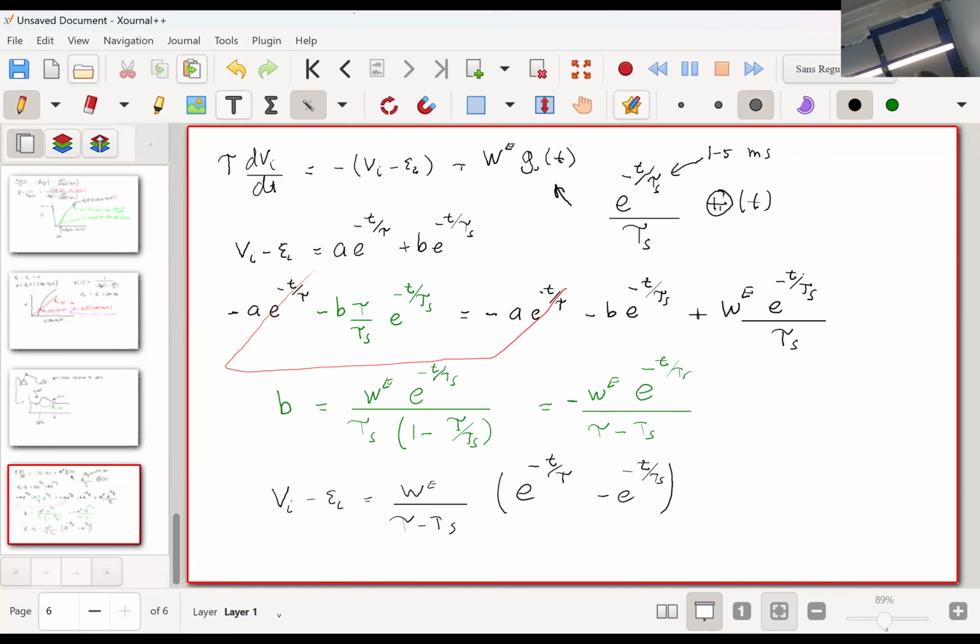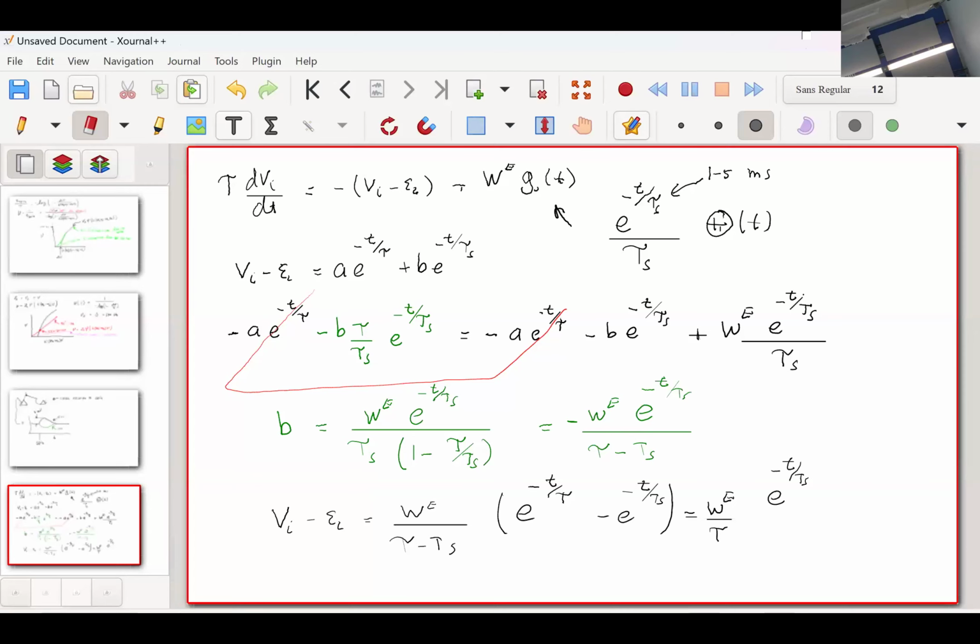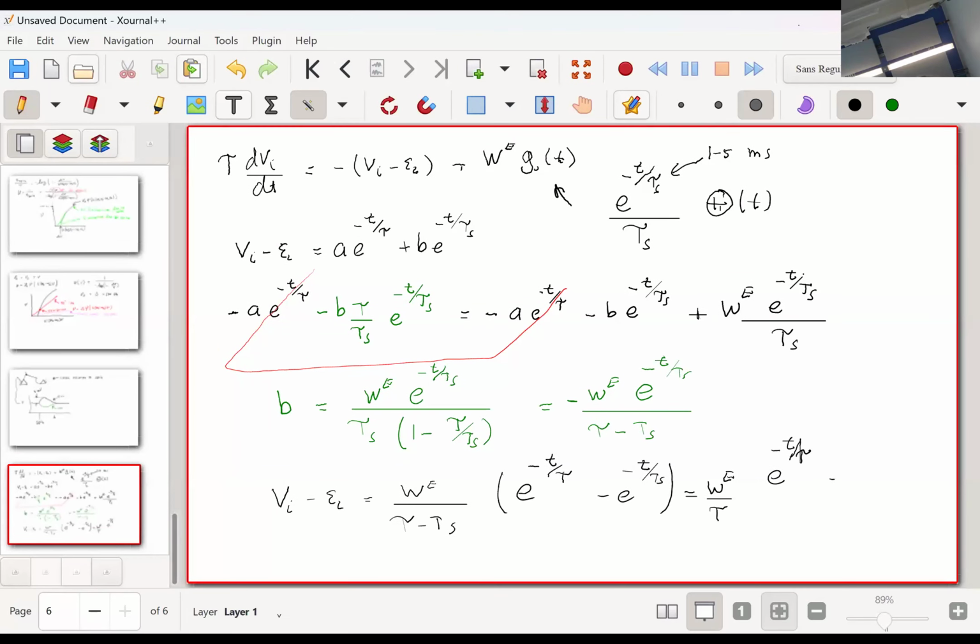Okay, we're going to write this as we over tau, e to the minus t over tau minus e to the minus t over tau s, divided by 1 minus tau s over tau.